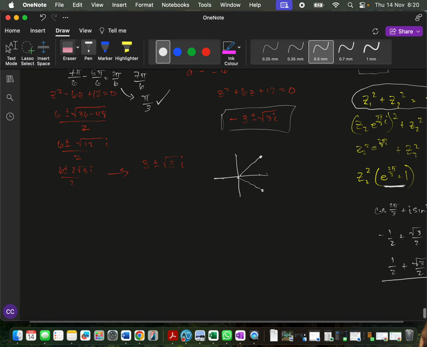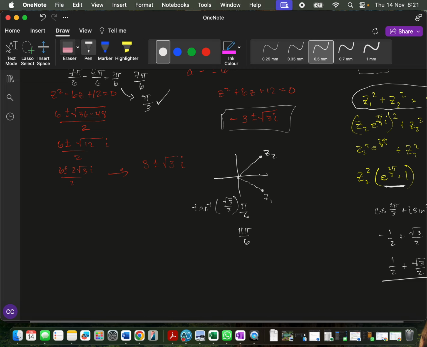It's my assumption that this other one will not. It's my larger angle, so this one is my Z1, this is my Z2. If I was going to do that, I would get the arctan of root 3 over 3, which is pi over 6, and the arctan of negative root 3 over 3, which would be 11 pi over 6.